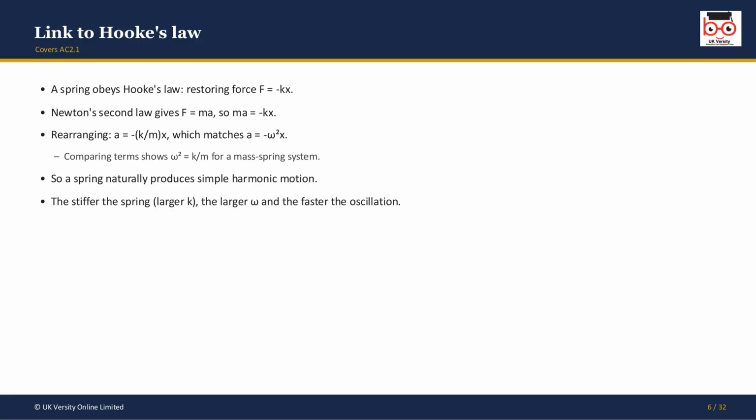Rearranging, the acceleration is minus k over m times the displacement, and that's precisely the form, a equals minus omega squared x. Comparing the two, omega squared equals k over m for a mass on a spring. So a spring naturally produces simple harmonic motion, and the stiffer the spring, the larger omega, and the faster it oscillates.